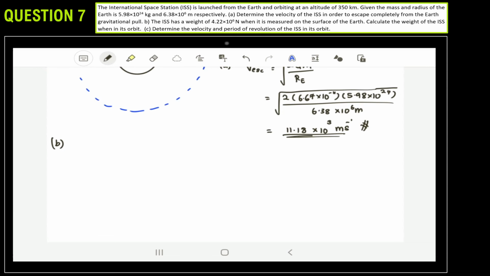So given that, the weight of the ISS is equal to 4.22 times 10 power of 6 N. This is at the surface of the Earth. Alright, so we want to find the weight, which I put as W prime, of the ISS at its orbit.